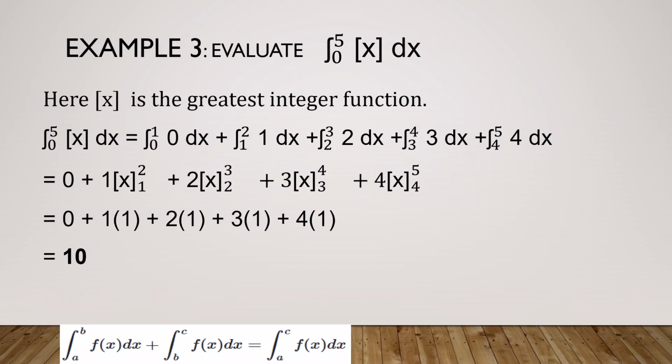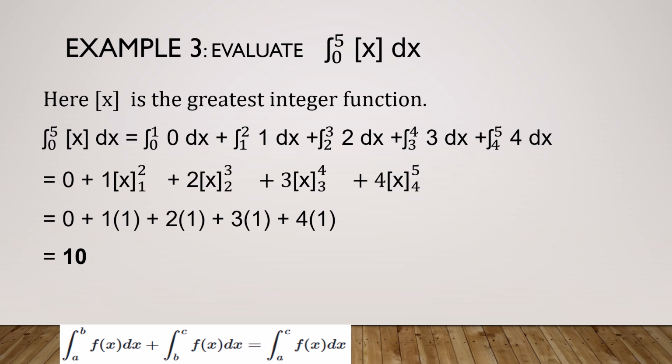Next is integral of greatest integer function. Box x means it is the GIF function, greatest integer function. The integer which is less than or equal to the given value, that is the greatest integer function. From 0 to 5 box x dx. Now see, here we are using a simple property as I told previously.